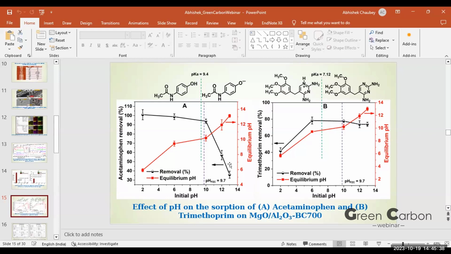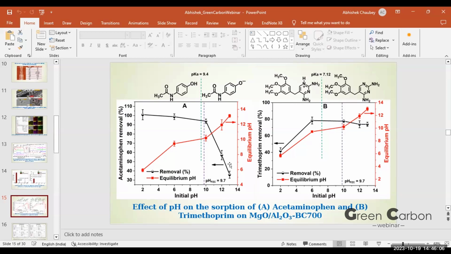But the acetaminophen's acid dissociation constant pKa is 9.4, so acetaminophen remains neutral up to pH 9.4, but above it starts deprotonating and becomes negatively charged. That might be the reason for electrostatic repulsion between the adsorbent and the acetaminophen, which is why this reduction trend was there.